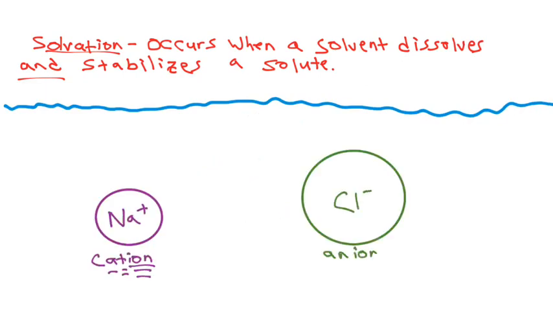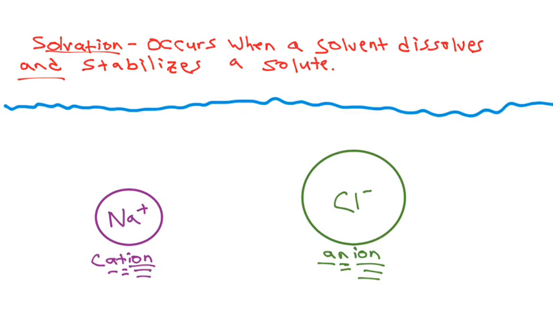So when they are dissolved in water, what actually happens is that your sodium and your chloride separate into their constituent ions. Sodium becomes a sodium ion, which is a cation, which is a positive ion. How do we remember that? Cation, a positive ion.